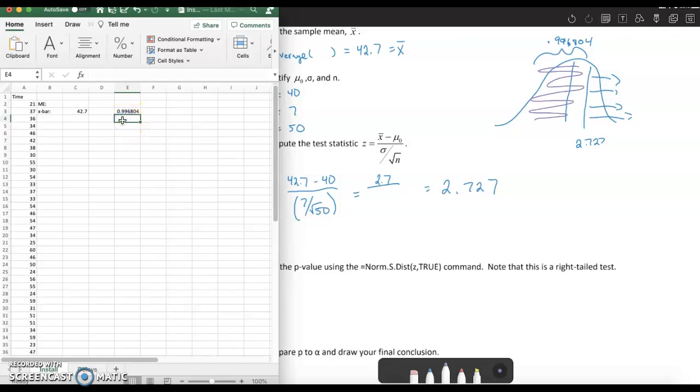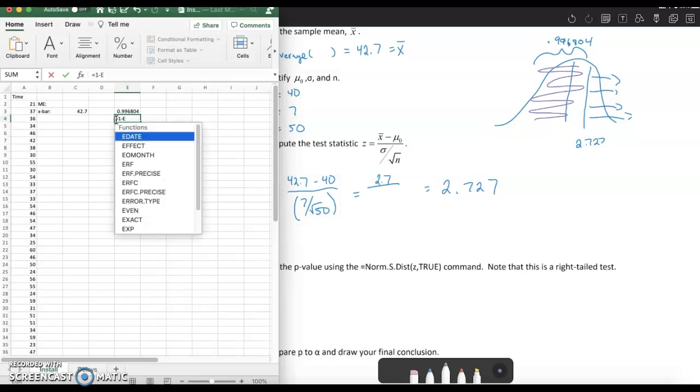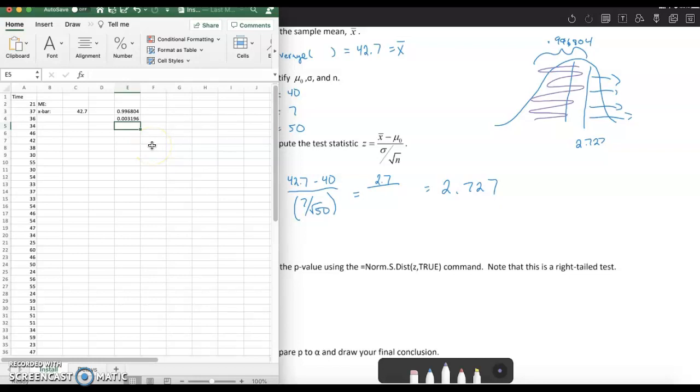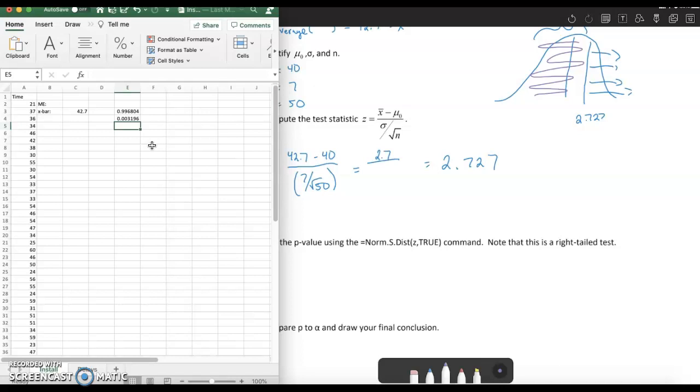So I'm going to just type in 1 minus and then grab that cell right there, that's the cell E3. Equals 1 minus E3. Okay, so my actual p-value then is 0.003196.